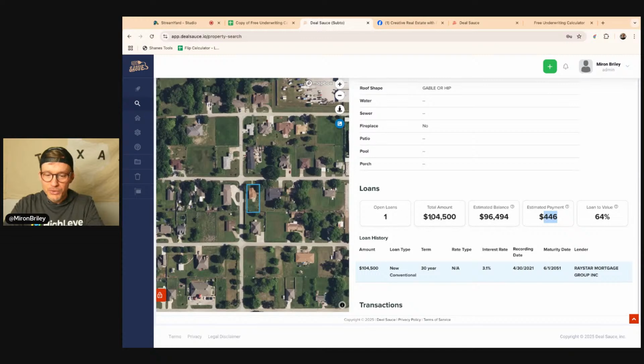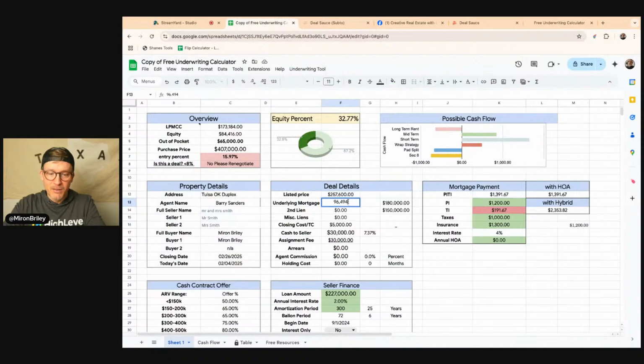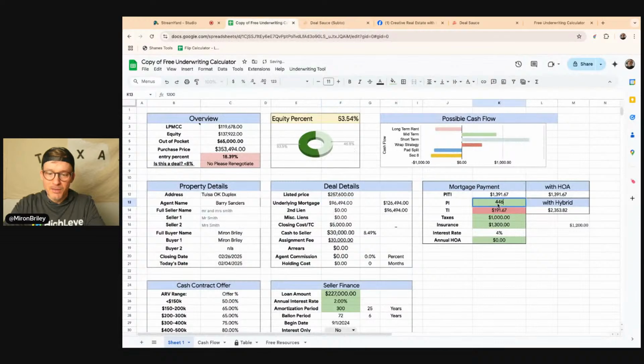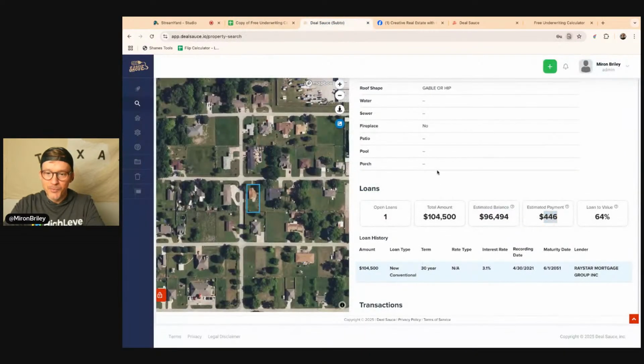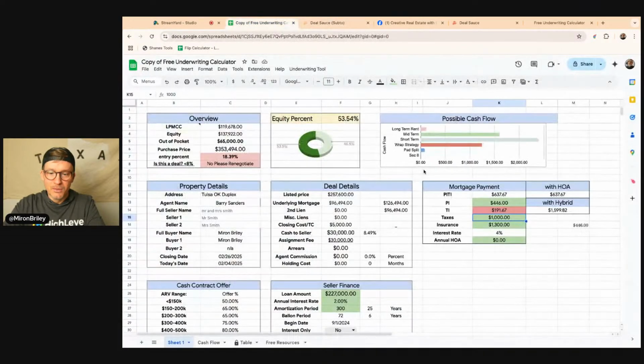So what you would do is just take this estimated balance, put it right here, take that estimated payment, put it right here, and let's look at the taxes. 1612, put it right there. So now I have my payment.